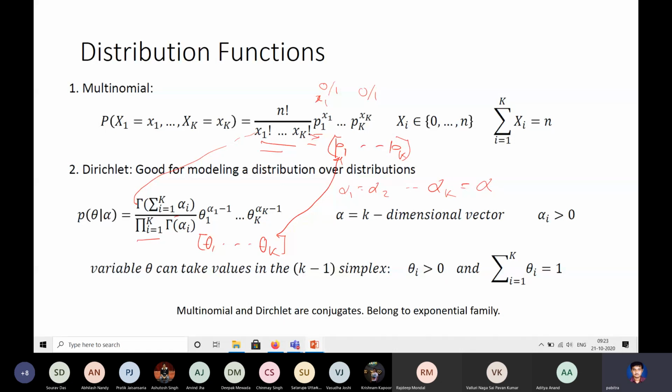So the multinomial and Dirichlet are conjugates. If you multiply a Dirichlet with a multinomial, you still get a Dirichlet. Not only that, if you have x to the power alpha multiplied by x to the power beta, the product is again exponential, and the exponents get added up.